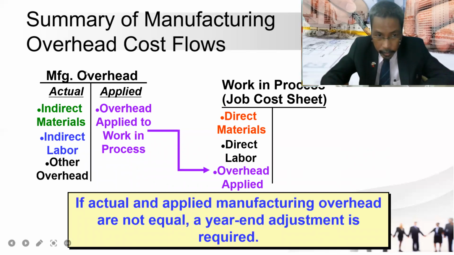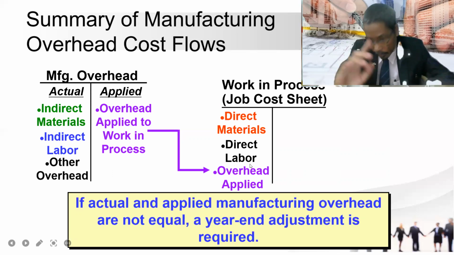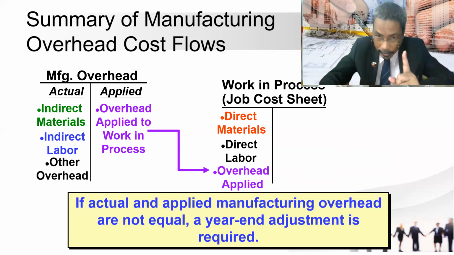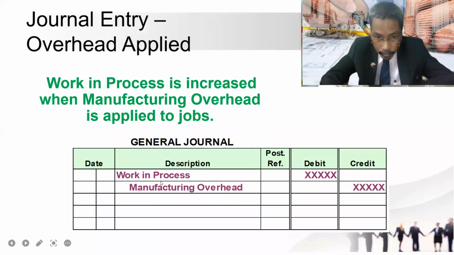So in overhead, that is the right side. In work in process, that is the left side. Take a look. Remember, this is the T. This is the left side. So you can see here, work in process, left side. Manufacturing overhead, right side. So debit, left side, credit, right side.